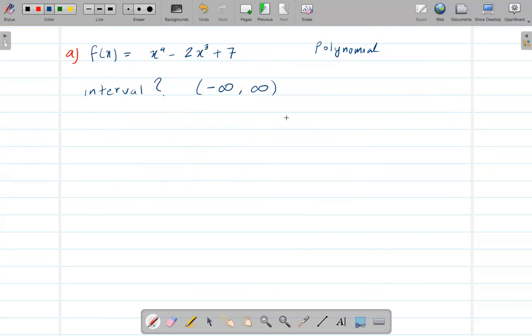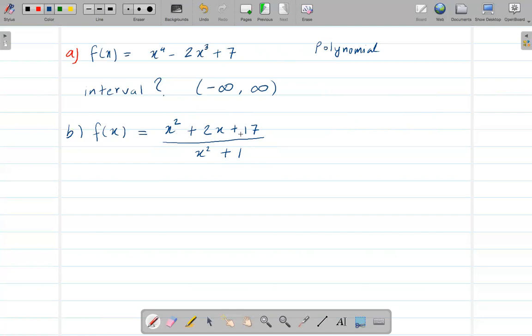So everything will work. Similarly, let's say f of x is equal to x squared plus 2x plus 17 over x squared plus 1. Again, we need to find at what interval this function is continuous.